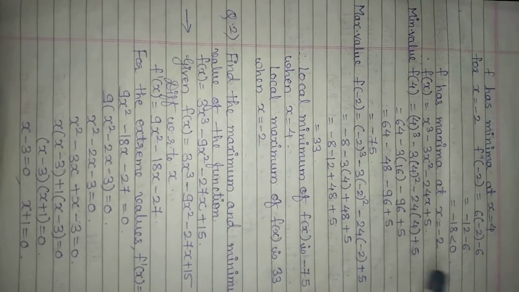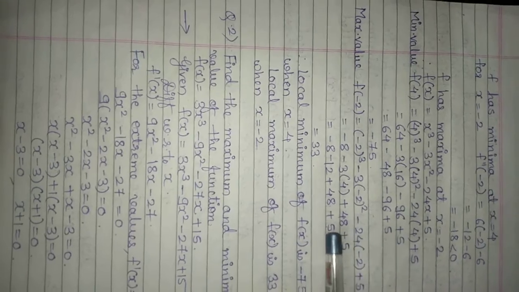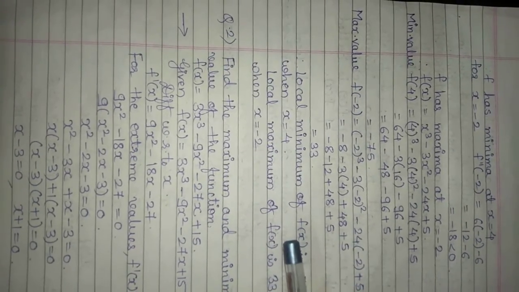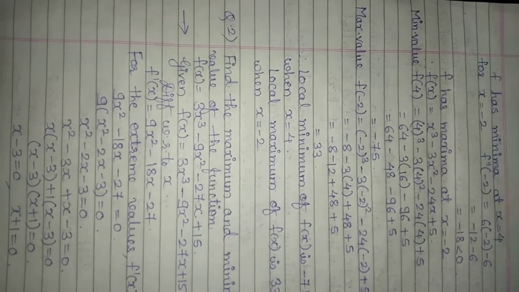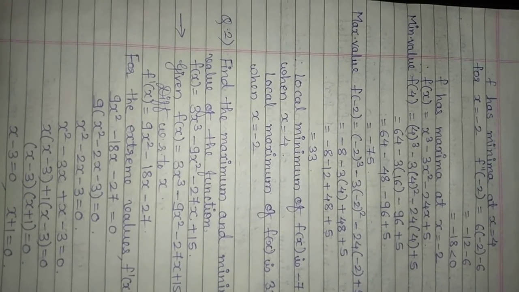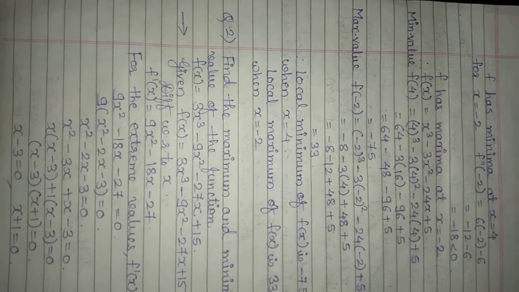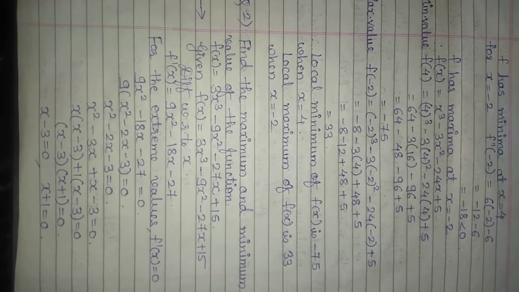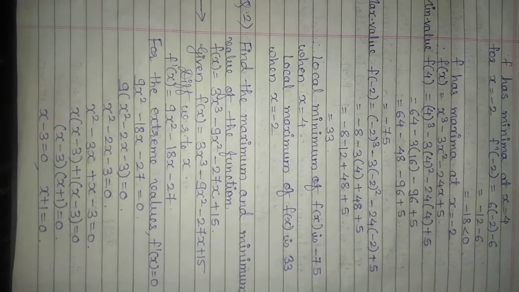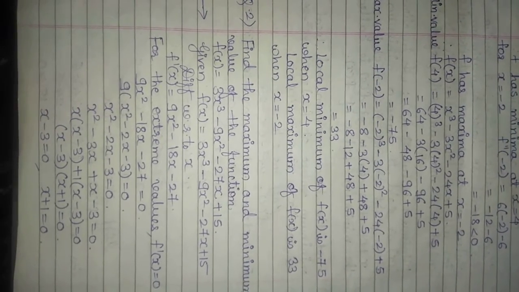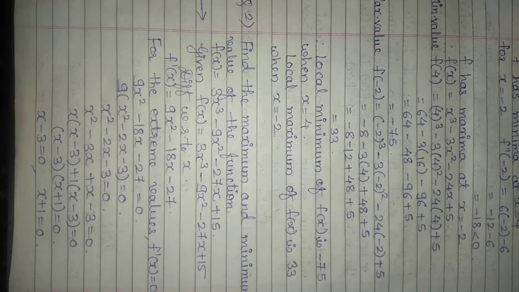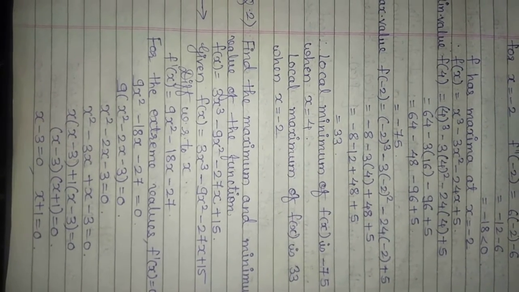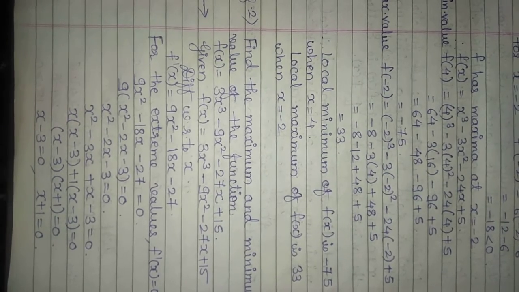That means while simplifying for maxima and minima, our steps will be: first differentiate the given function with respect to x to get f dash of x. Then consider f dash of x is equal to 0 to get the extreme values, that means to get the values of x. Then we will again differentiate f dash of x with respect to x to get f double dash of x.